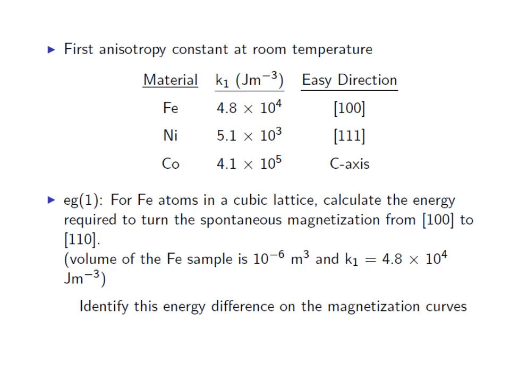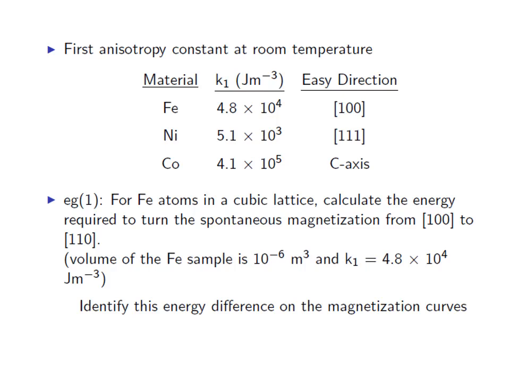If you substitute alpha 1 equals 1, alpha 2 equals 1 and alpha 3 equals 0 in the equation given in slide number 11, you can calculate the energy in 110 direction. If you take the difference between two energies, then you can find the energy required to turn the magnetization from 100 to 110 direction. The value of K1 is given here.